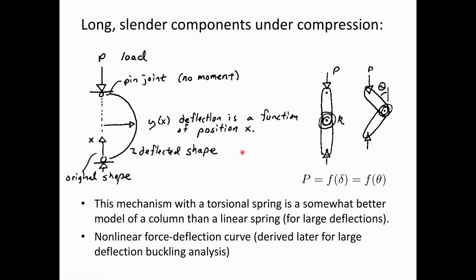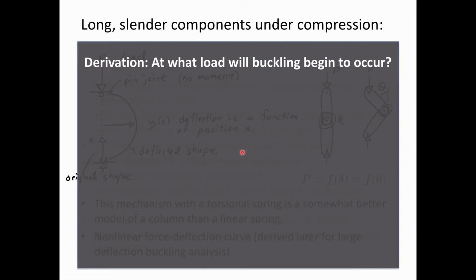And actually later on in the next lecture or two, we'll go through the derivation of this model and plot and see what's predicted if we have a linear torsional spring. But the nonlinearity comes from the kinematics or the large angular deflections involved with these two rigid members.